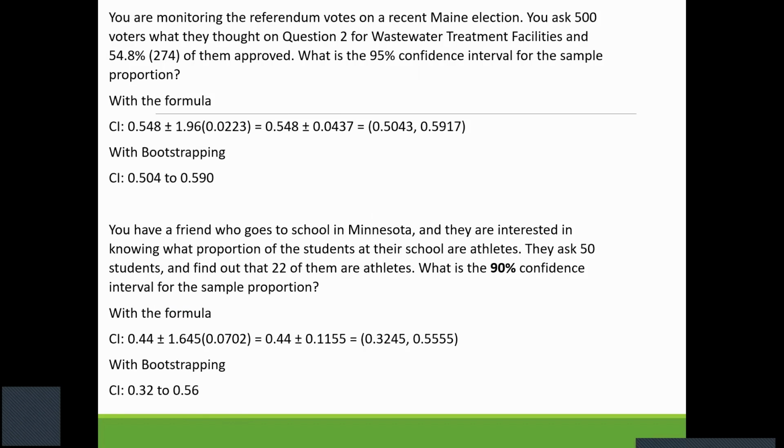For your friend in school in Minnesota with the student athletes, the 90% confidence interval doing it by hand is 0.3245 to 0.5555. And if you round that to 2 decimals, you pretty much get the same thing with bootstrapping. You get from 0.32 to 0.56. And there you go.